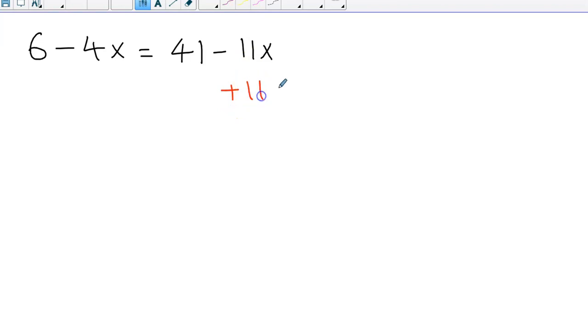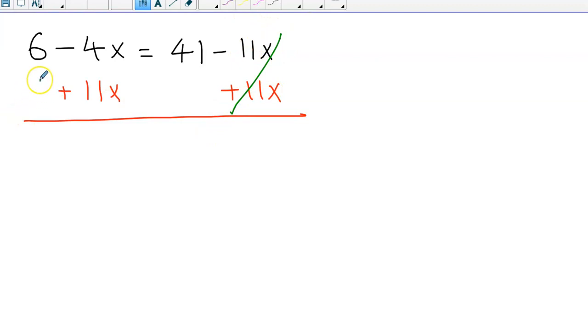Adding 11x will remove it from here because minus 11x cancels with plus 11x. And because I added 11x on the right hand side, same 11x I am adding on the left hand side also, so that this is cancelled off. You bring down 6.